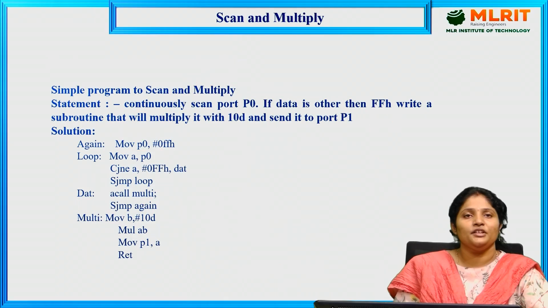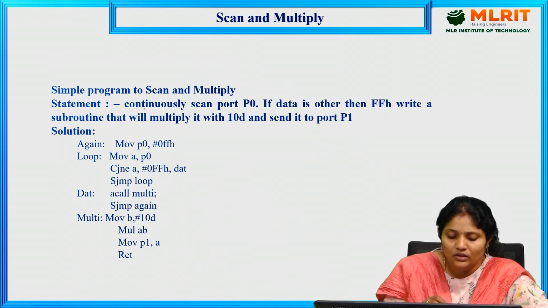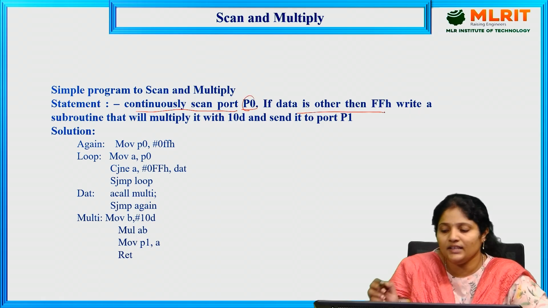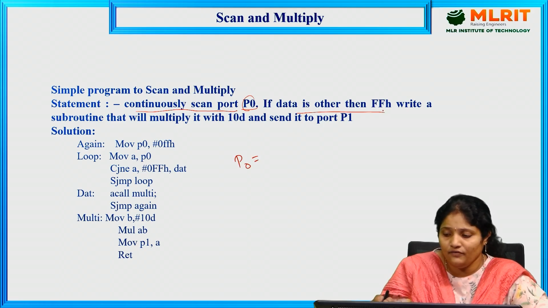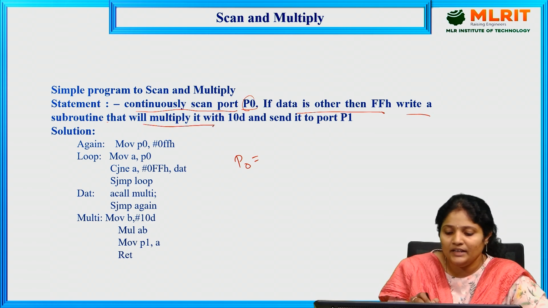Okay, coming to the next program, and here what they told: continuously scan port 0. So I need to check port 0 values if the data is other than FF. If the data in the port is not FF, I need to write a subroutine that will multiply it with 10H.